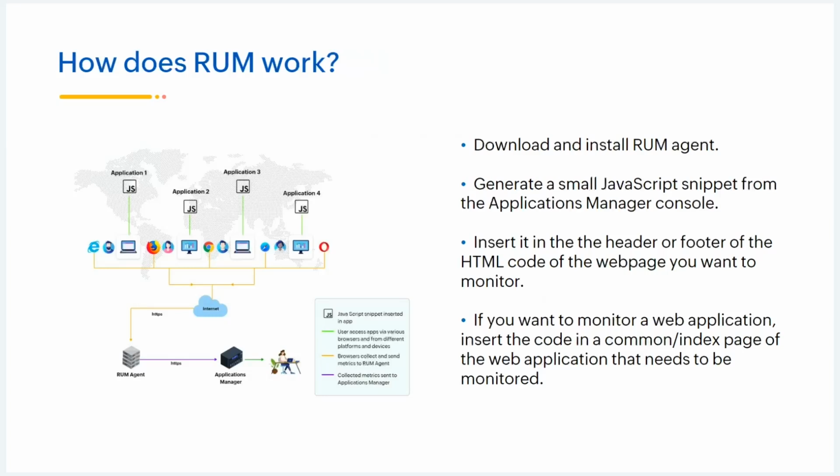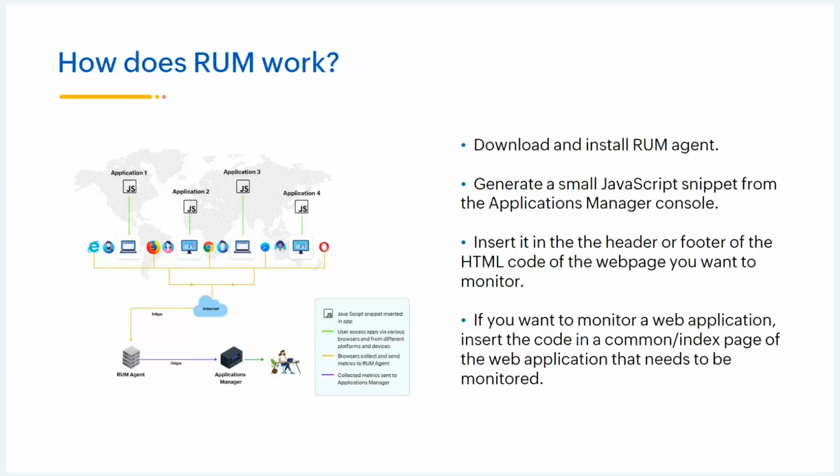Once done, a small JavaScript snippet generated by Applications Manager needs to be placed in the header or footer section of your HTML code in the front-end landing page of your application that you would like to monitor. Once the JavaScript snippet is loaded, it acts as the core component, collects performance data, and continuously transmits it to the RUM agent. Then the RUM agent will communicate between the JavaScript code and the Applications Manager web client, delivering the captured data.